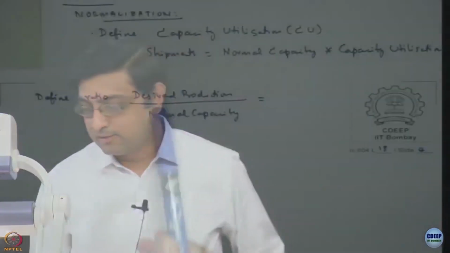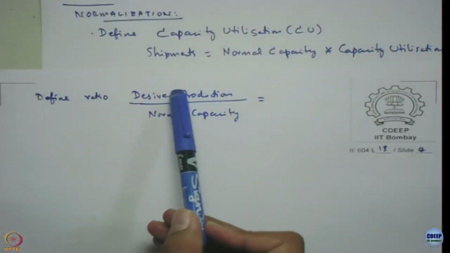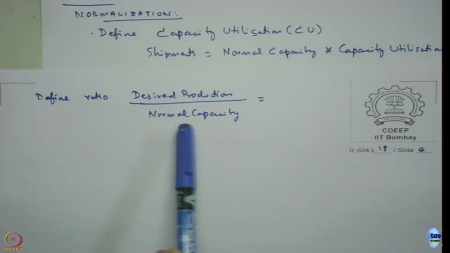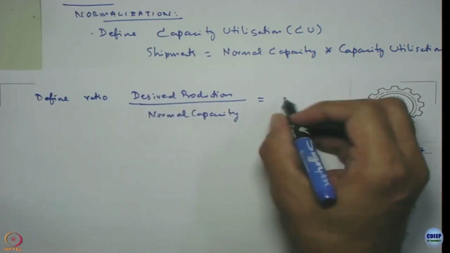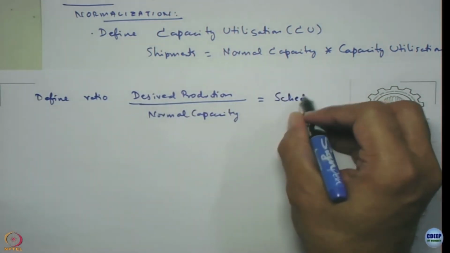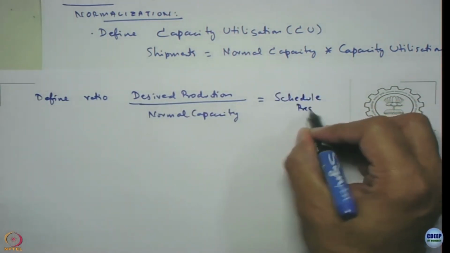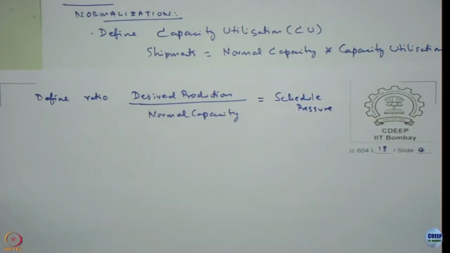So, this is the total activity that you need to do within the given time based on this capacity. So, let us just call this ratio by a new term called schedule pressure.